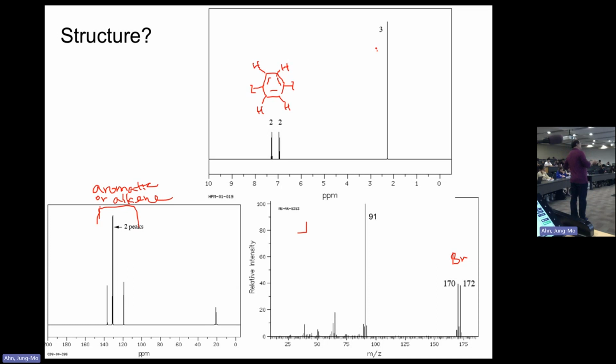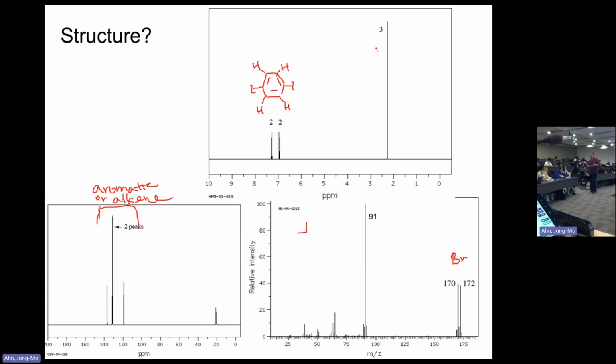To confirm that, the carbon-13 has 4 peaks in these regions. So the 6 carbons of the benzene give out 4 carbon peaks because the molecule is symmetric. All right, so we figured this one out. And then there's this 3 hydrogen that can be the methyl group, right?